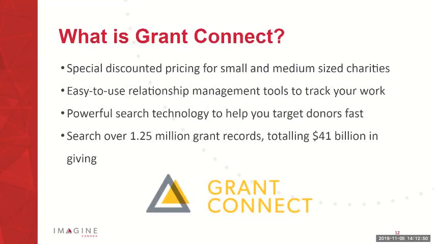We're really pleased and proud to offer special discounted pricing for small and medium-sized organizations, really easy to use relationship management tools to track your work. And you're able to search over 125 million grant records in the system, which total over $41 billion in giving. So throughout today's webinar, I'll show you ways that you can use the data and information in Grant Connect to identify and qualify great funders for your work.